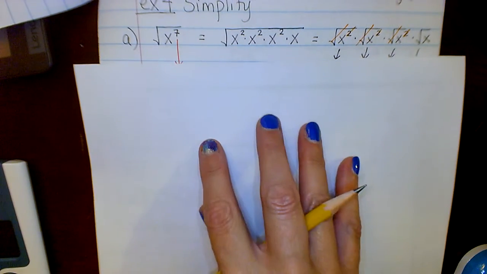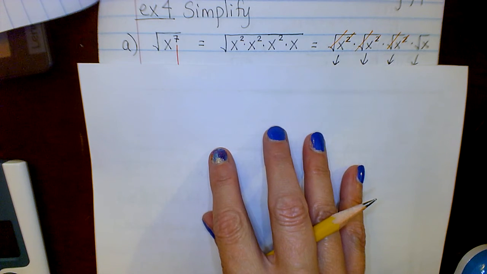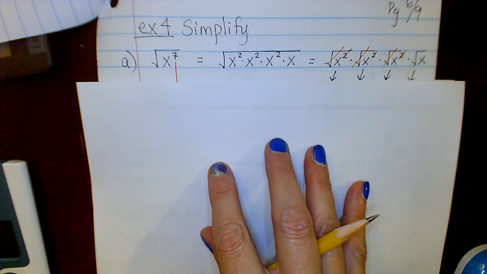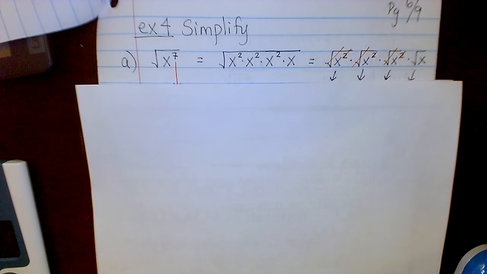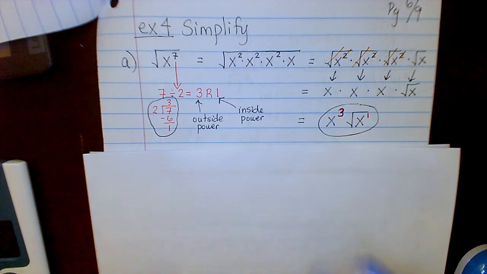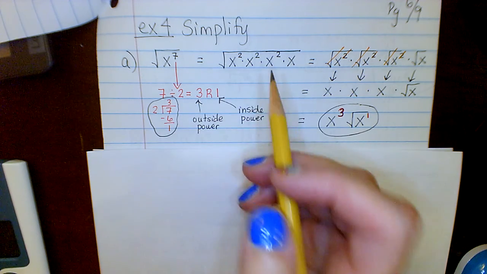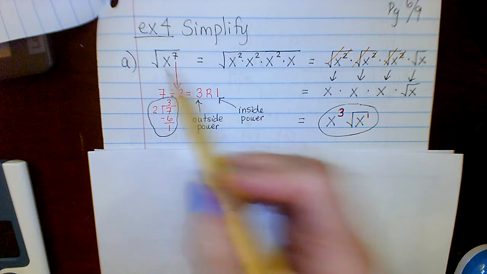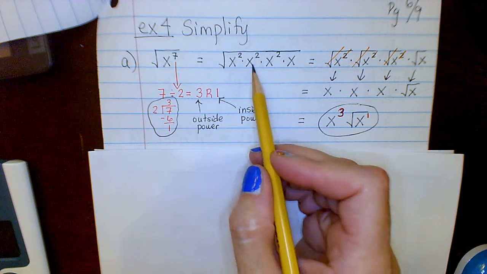Okay, now what happens if the exponent is an odd number? That gets a little bit trickier here. So if we get this odd number, x to the 7, I'm going to show you the long way, and then I'll show you the shortcut. So the long way is to rewrite it, x squared, x squared, x squared, x.